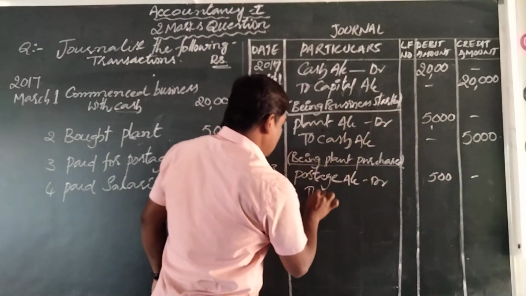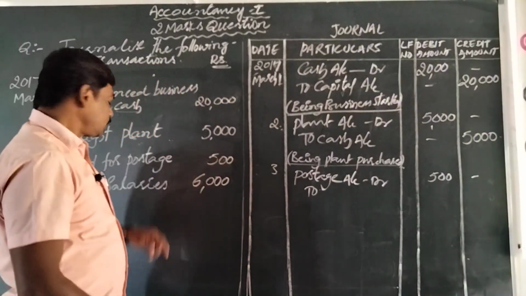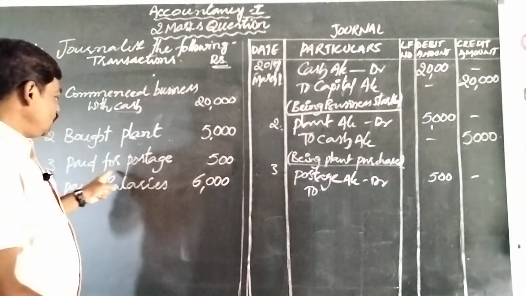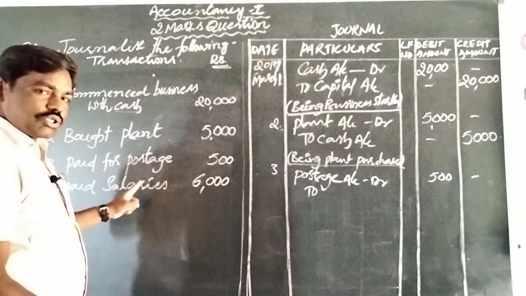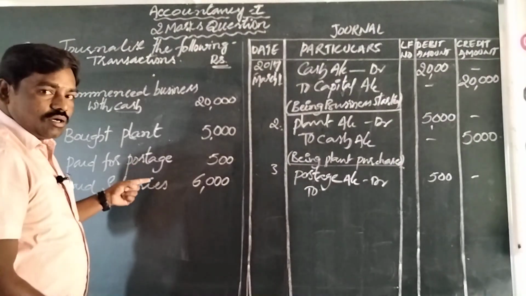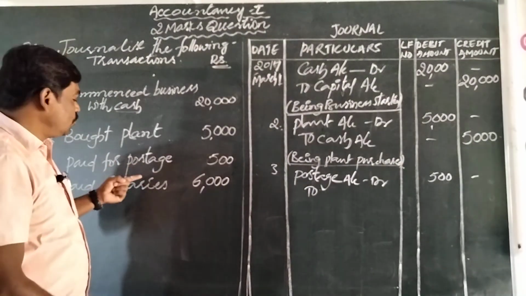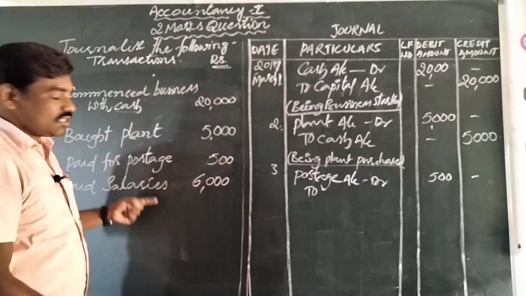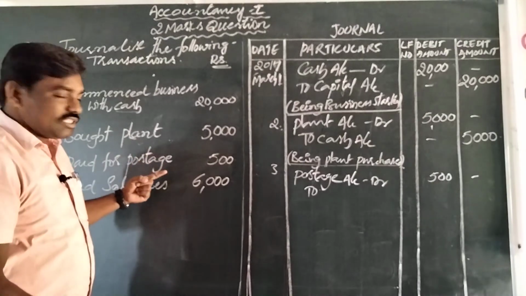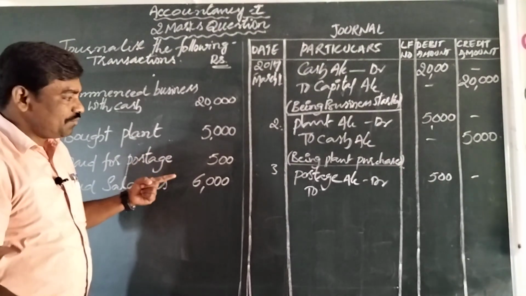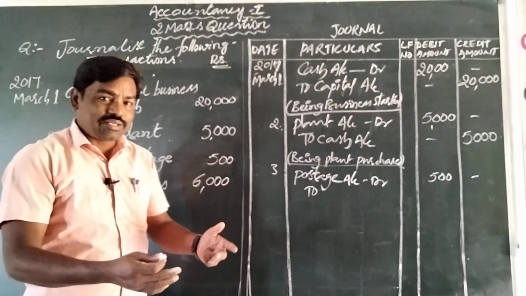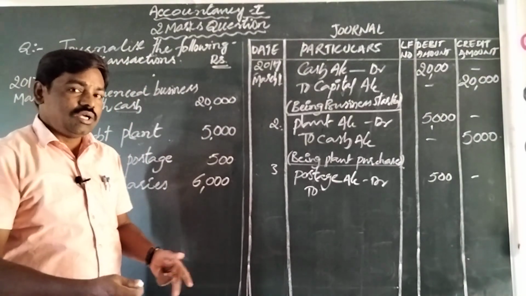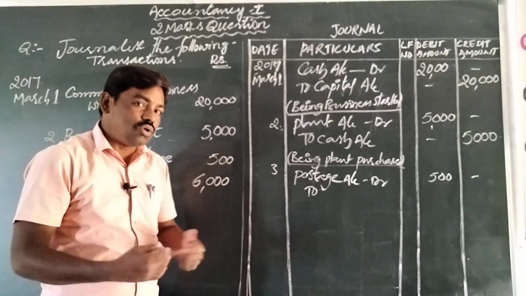And I already said that if there is only one aspect in the transaction without a second aspect, then we can think that the transaction is a cash transaction. So here we paid postage expenses in the form of cash. When we pay the cash, is cash coming into the business or going out of the business?